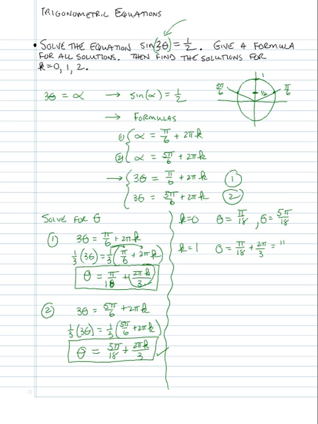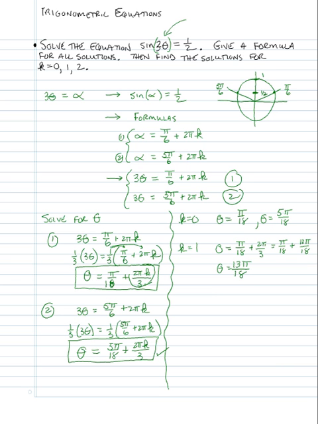And so we'll have pi over 18 plus 12 pi over 18. That's the same thing as 2 pi over 3. And you see, of course, when we add those together, we get 13 pi divided by 18.